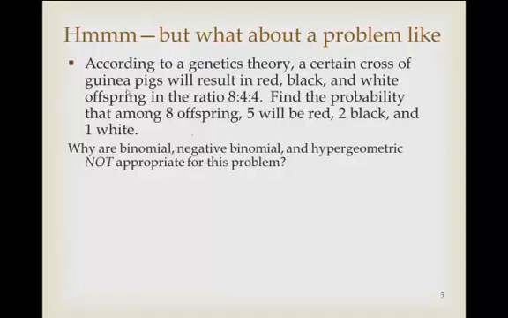The guinea pigs can produce either red, black, or white offspring, and normally they have a 50% chance, or 8 out of 16, of having red, and 4 out of 16 of being black, and 4 out of 16 of being white. We want to find the probability that among 8 offspring, we'll have 5 red, 2 black, and 1 white.